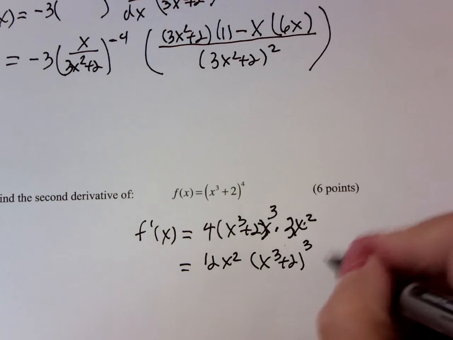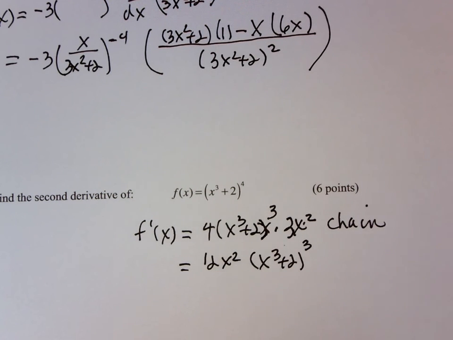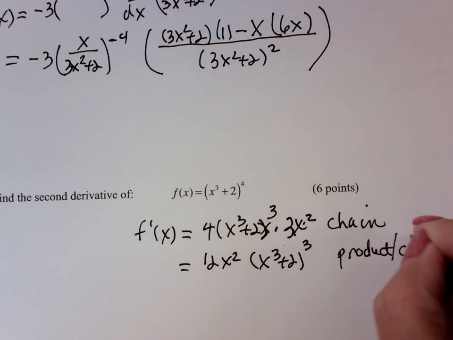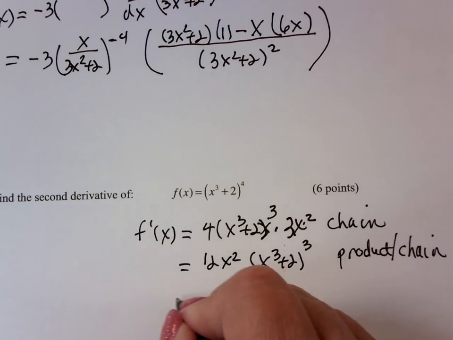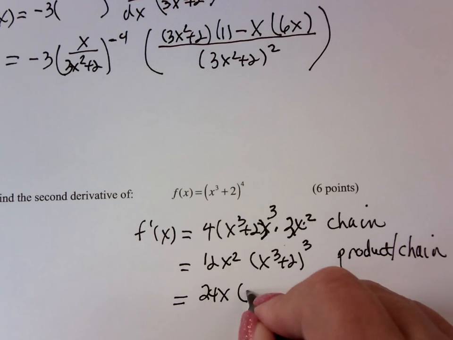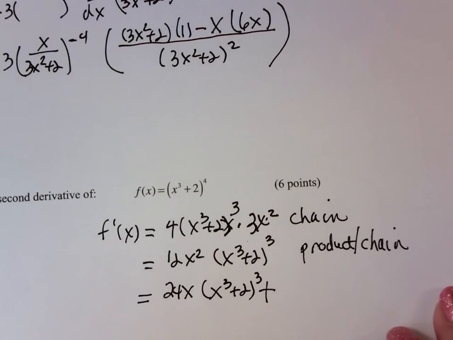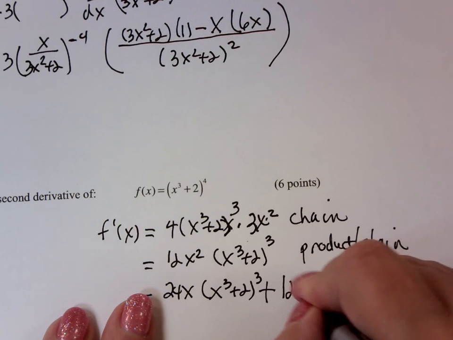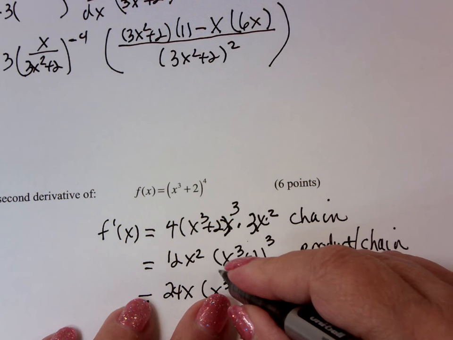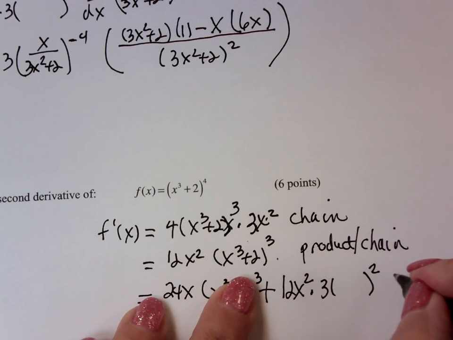This is now product rule, so we started off with chain rule. This is going to be product coupled with chain. So derivative of the first is 24x times x cubed plus 2 cubed plus 12x squared times, now the derivative of the second one is 3 times the blob squared times the derivative of the blob.